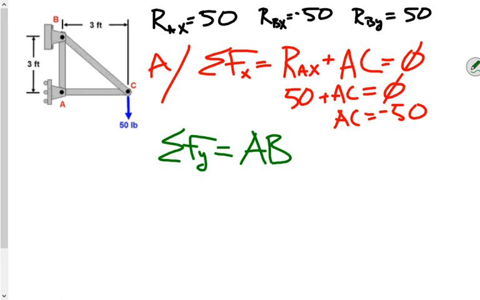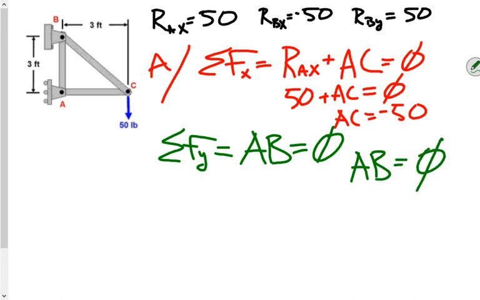Okay? There's no other force acting on it, and it has to add up to 0. So what does that say about AB? AB is 0. Okay? So there you go. We know AB is 0. All right, now let's move along to the next one.